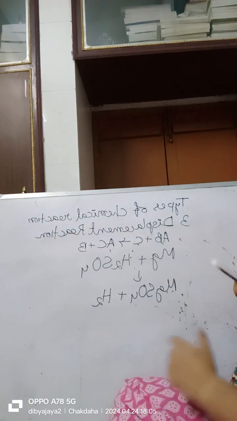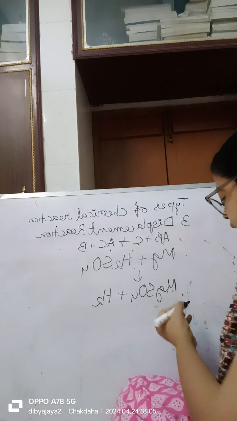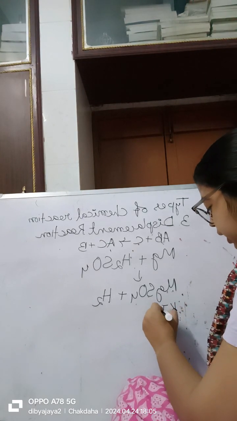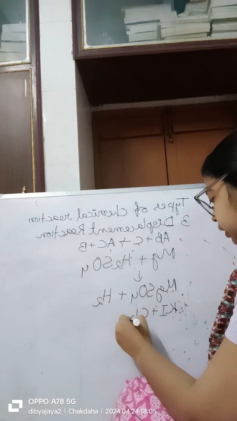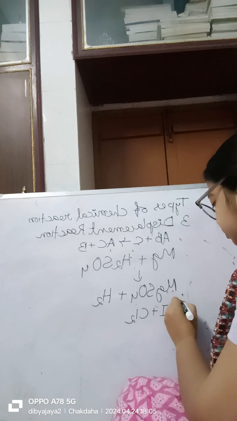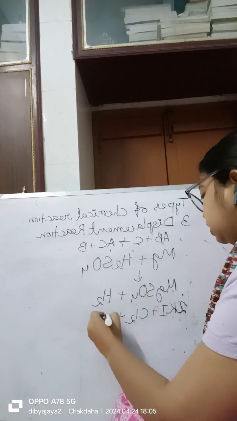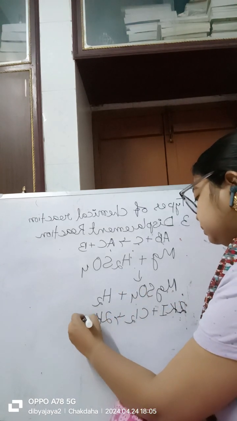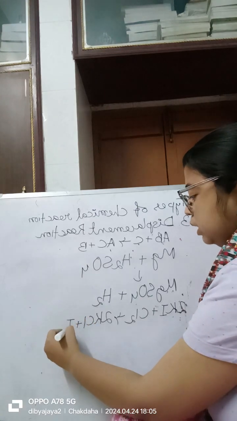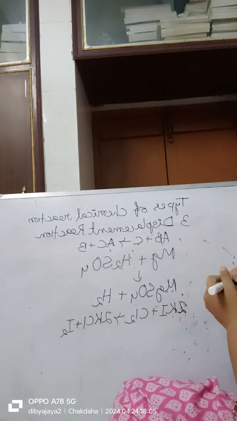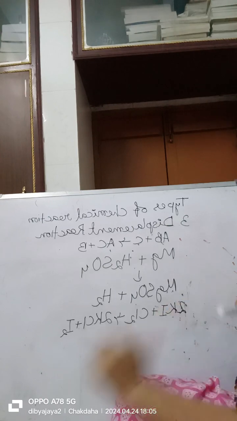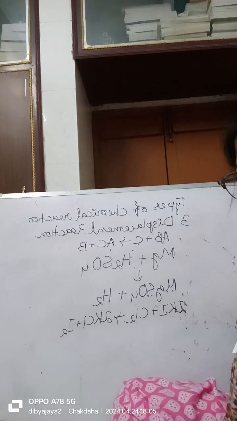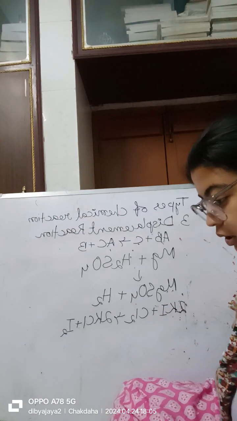Another one, if potassium iodide reacts with Cl2, then we get 2KCl plus I2. Halogens are replacing each other. This one is the displacement reaction.